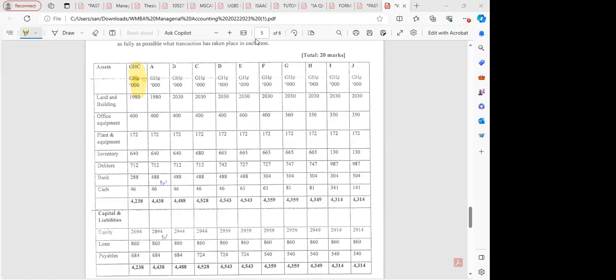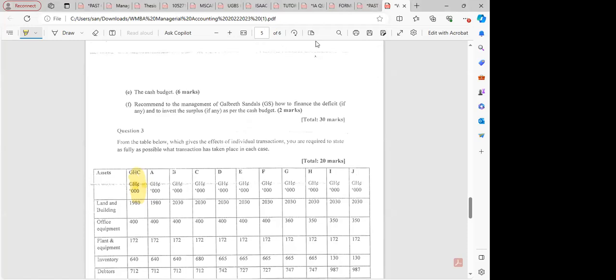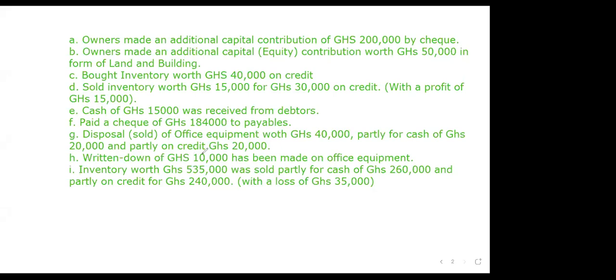Yes, Abbas. Is there a case where they would rather give us the transactions, as we have here, for you to develop the table instead?